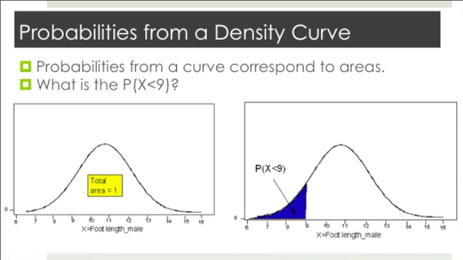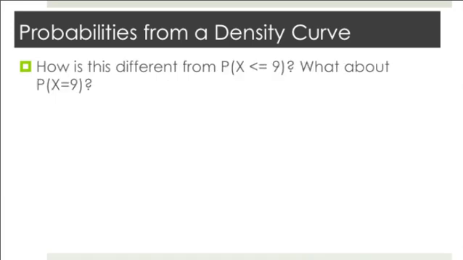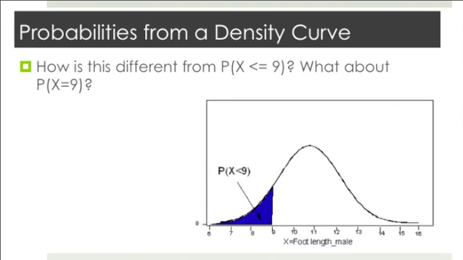Now let's go back here for a second and think about something we just said. How is the probability that x is less than or equal to 9 different from the probability that x is strictly less than 9? And what about the probability that x is exactly equal to 9? Well, if you were to look at the picture here, you would notice, hopefully, that there's not going to be any difference between the probability that x is less than 9 and the probability that x is less than or equal to 9.